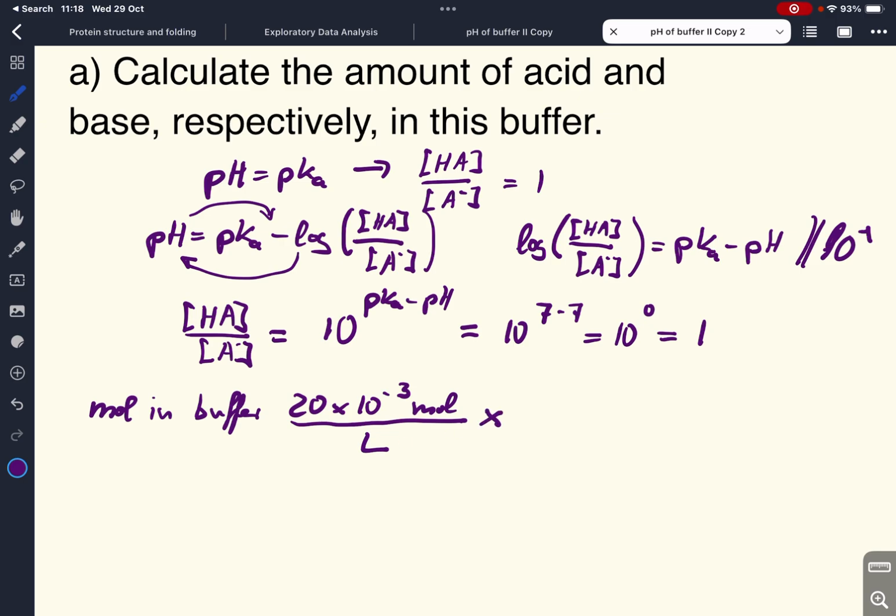And we've got a total of 100 milliliters. So we've got 100 times 10 to the minus 3 liter. The liter cancels out. And we've got a total of 0.002 mole, which of course is the same as 2 millimole.